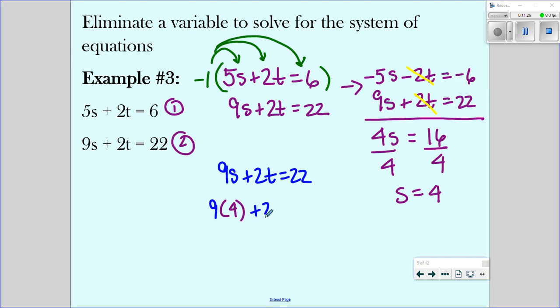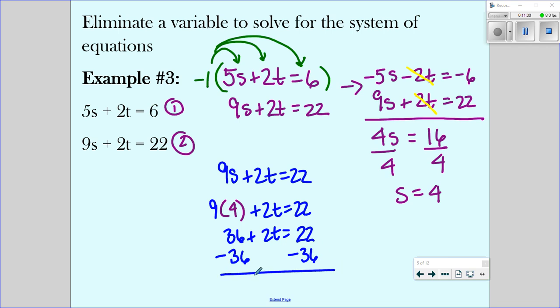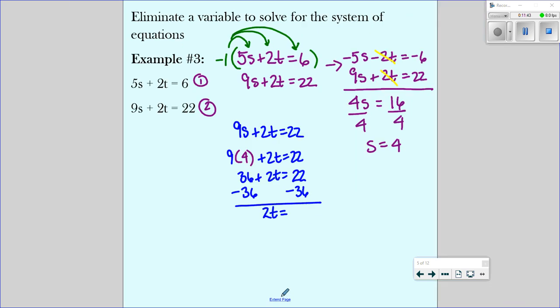This will be 36 plus 2t equals 22. And I'm going to subtract 36 on both sides. I'll be left with 2t equals, so 22 minus 36 will be negative 14. And then divide by 2 on both sides, and then I have t equals negative 7.